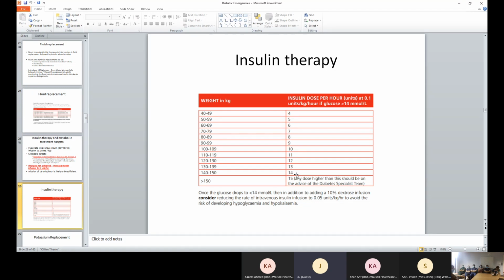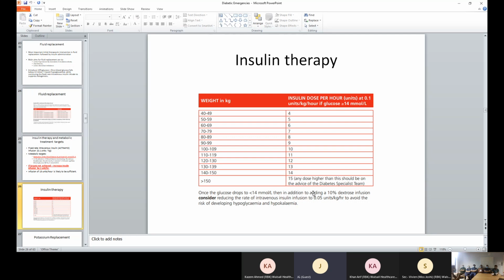This is where the new confusion comes in: the recent guideline in 2021 has advised something. Even as we are updating the guideline, we are deliberating what wording to use to make it easier for you. They say when blood sugar drops below 14 there is a risk of hypoglycemia, and there is also euglycemic diabetic ketoacidosis, where the blood sugar itself is not very high.